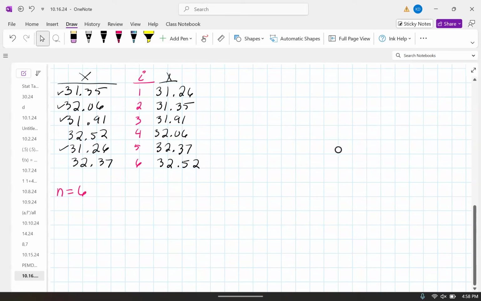Now we need to get our F sub I column. So that little F sub I equation, let's look at F sub 1. Our first one will be F sub 1, second one is F sub 2, down the line. So F1 equals, we take our index, which is 1, minus 0.375, over 6, which is our N, plus 0.25.